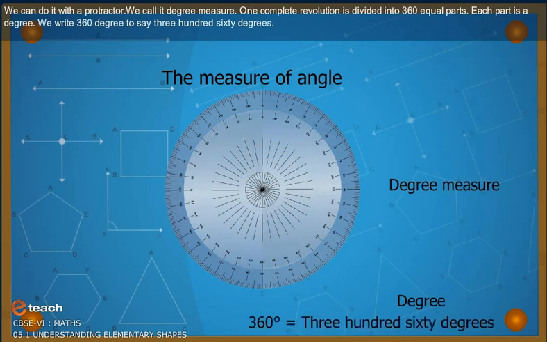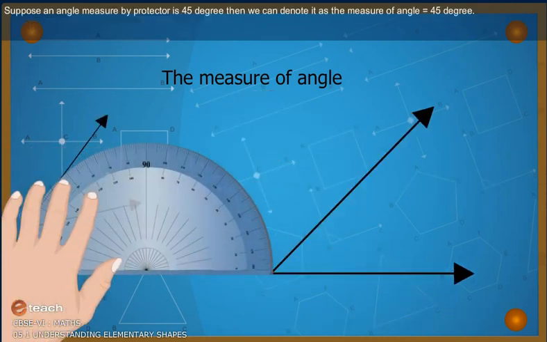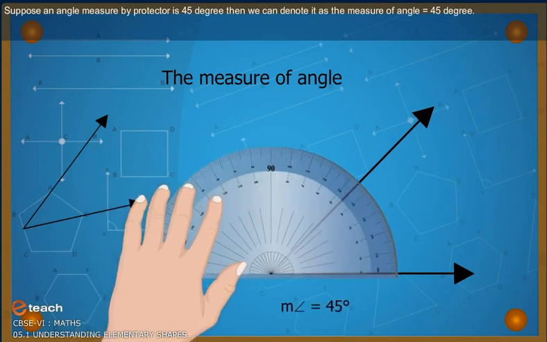One complete revolution is divided into 360 equal parts. Each part is a degree. We write 360 degrees to say 360 degrees. Suppose an angle measured by a protractor is 45 degrees. Then we can denote it as the measure of the angle is equal to 45 degrees.